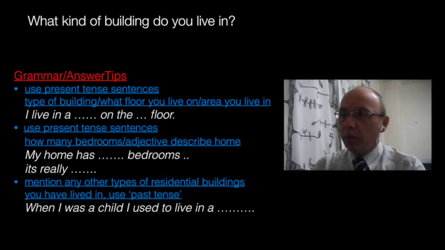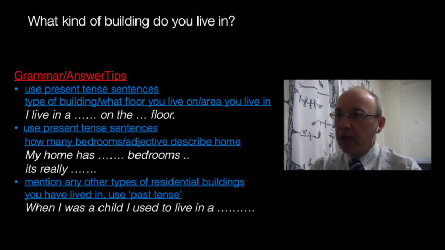So here we have our second example of what kind of building you live in. Once again, use the present tense. Mention the type of building you live in, what floor you live on, and also here add in the area that you live in.